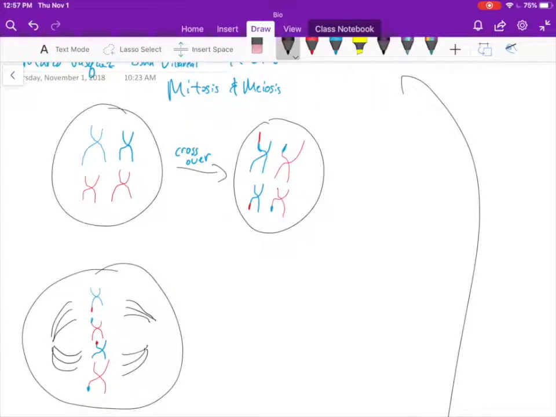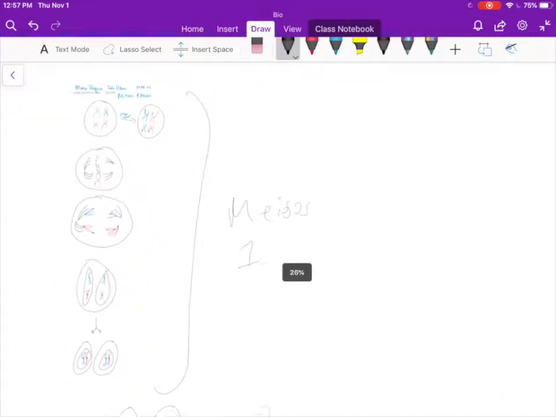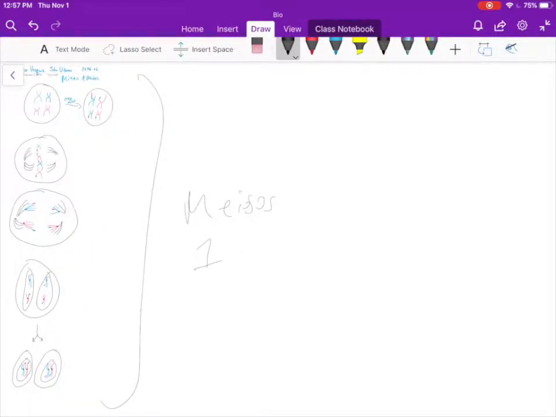So, as for meiosis, the process is the same, except the whole process that mitosis went through, in meiosis, will be known as meiosis 1.